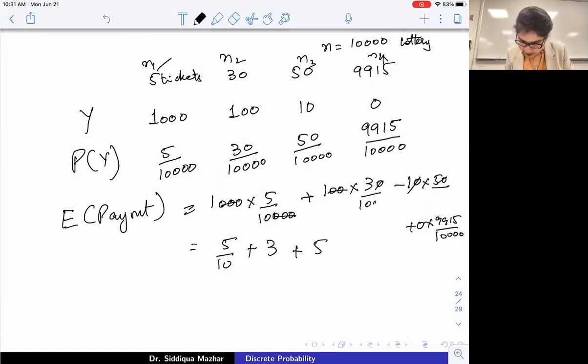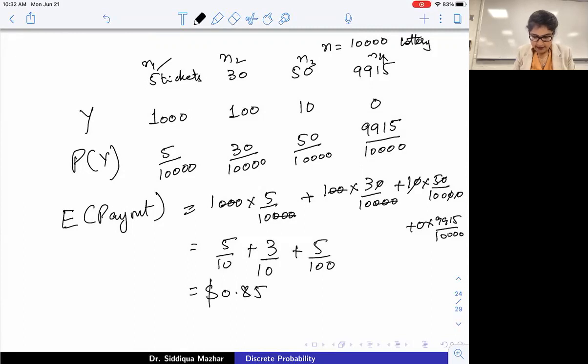So divided by 10,000, these zeros are gone, and this will be 0. So this will be 3 by 10 plus 5 by 100. When you calculate it, your value will be 0.85. So it means 85 cents they are going to pay on average to each person who buys these lotteries.